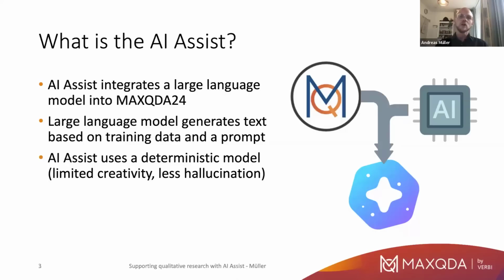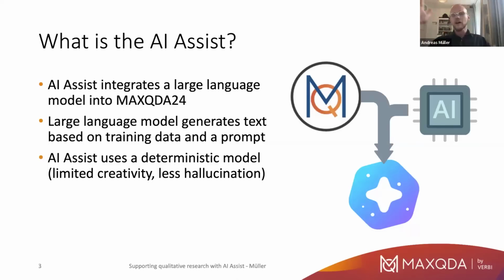It's a large language model. Likely you have heard of large language models, but just as a quick reminder, these models are trained based on training data, here in this case on text, and they are made to generate text. That's why they are called generative AI. And usually we do this by a prompt. For example, we say, ChatGPT, write for me a poem about chocolate.